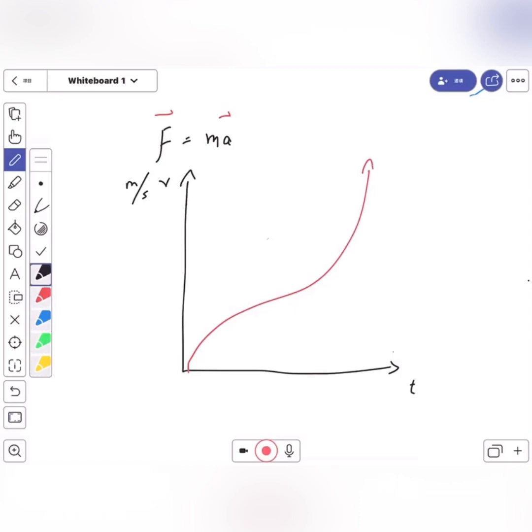At each point, this is the time, and this is the velocity at this time. So this is the instantaneous velocity at this time.